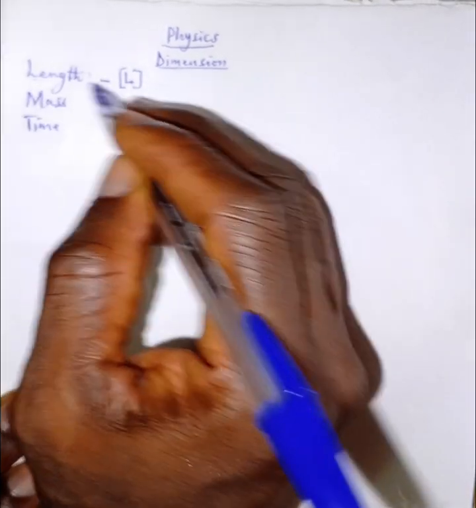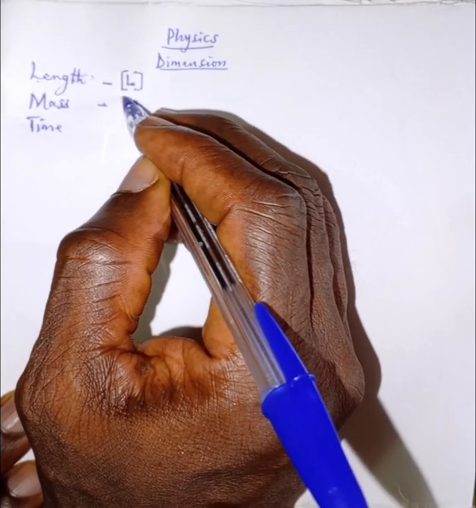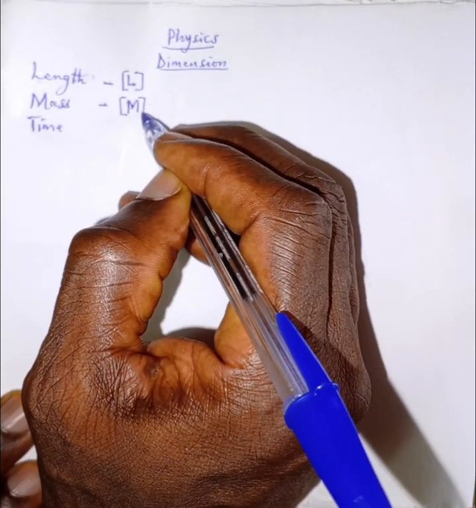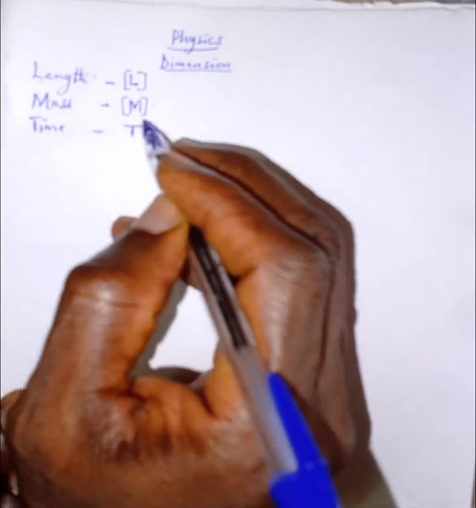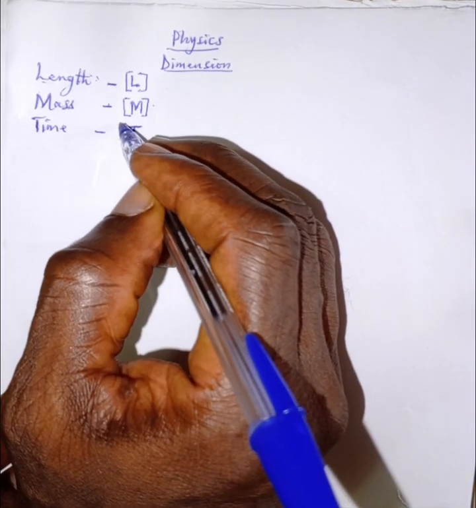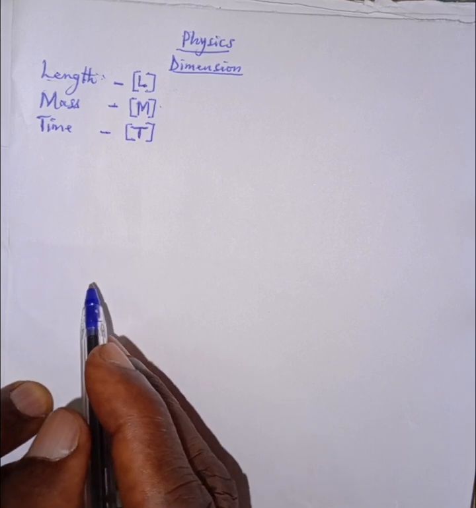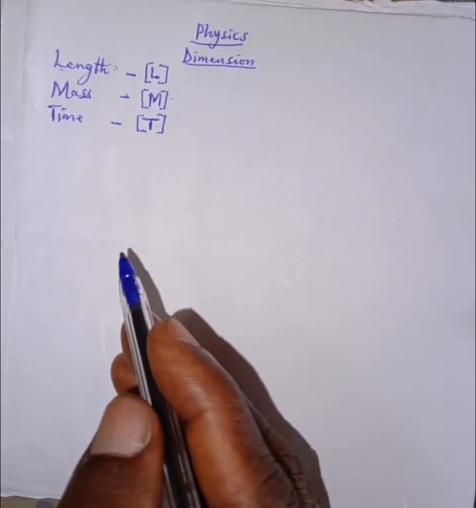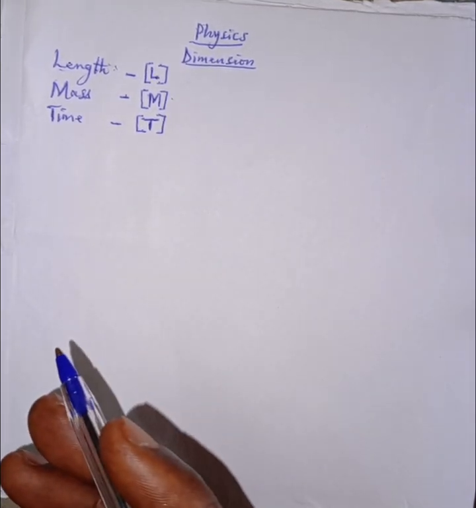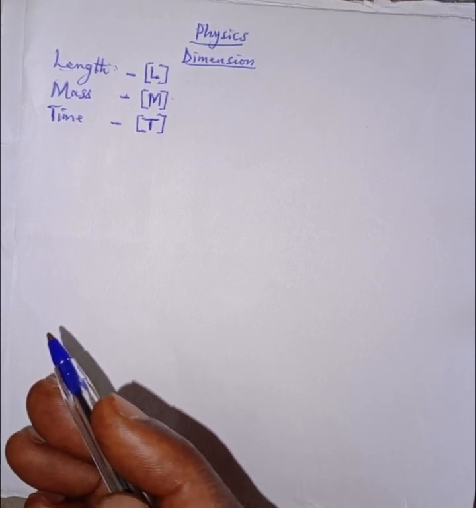So length is L, mass is capital M in square brackets, and time is uppercase T in square brackets. This is how we usually write them. Sometimes you can put a numerical value around it, and we use it to describe the quantities.